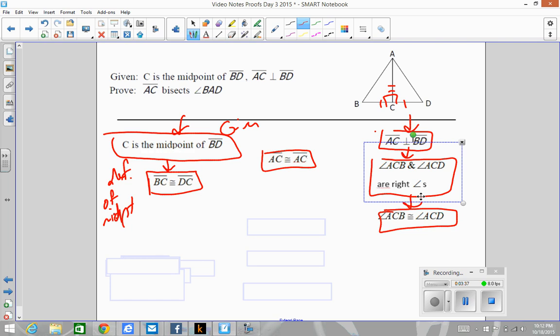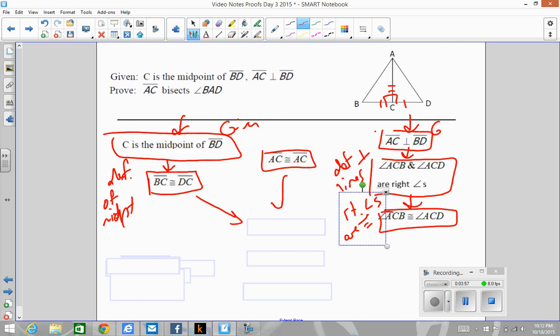So this was given. This is definition of perpendicular lines. Actually, it's not definition. This is right angles are congruent. And then all of this comes together. In case you forgot, this was reflexive property.